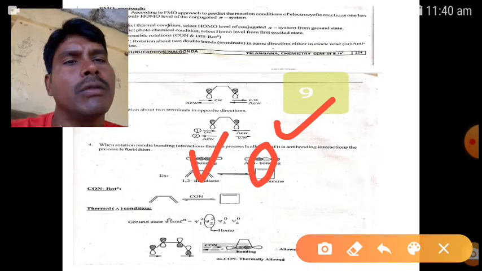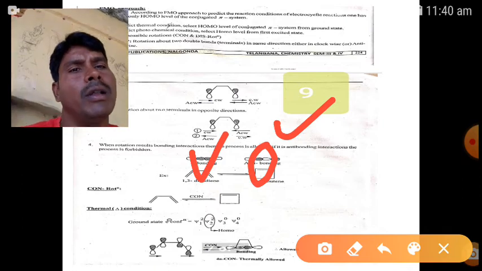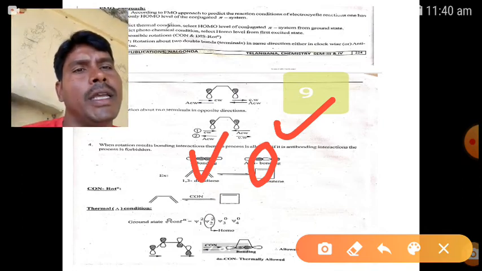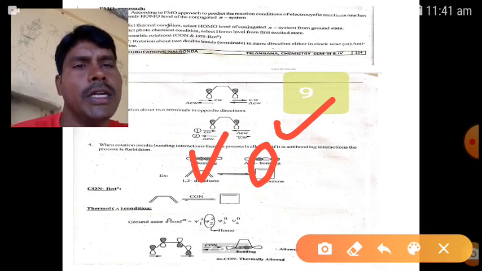So for thermal condition, ground state, we pick up the HOMO level. In this 1,3-butadiene pi system, the HOMO is Psi2. How do we present it in the diagram?